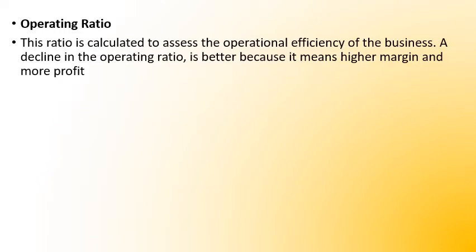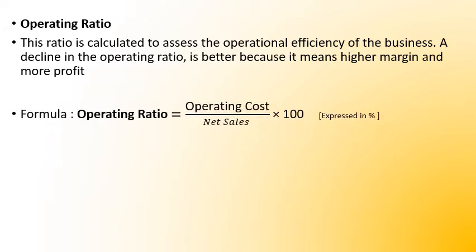Operating ratio is the next part. This ratio is calculated to assess the operational efficiency of the business. A decline in the ratio is better because it means higher margin and more profit. So it basically works out your margin of safety or profit margin. The formula is operating ratio is equal to operating cost divided by net sales into 100, expressed in terms of percentage.